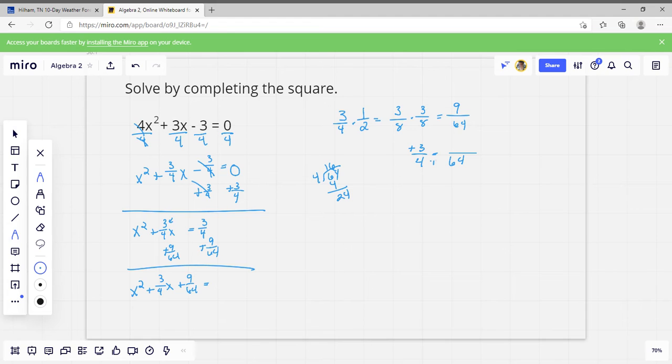So we said times 16 times 16. 16 times 3, 48. And then we're going to add our 48 over 64 to our 9 over 64. And we'd have 57 over 64.